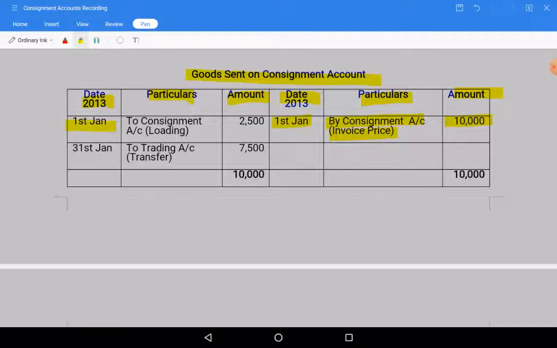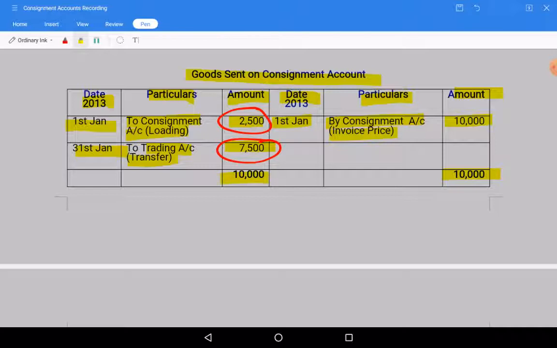So 1st January, to consignment account, loading 2,500, and the credit side is more, that is 10,000. From 10,000 if you deduct 2,500, there will be a balancing figure of 7,500 that will be transferred to the trading account. This is the balancing figure in this account.